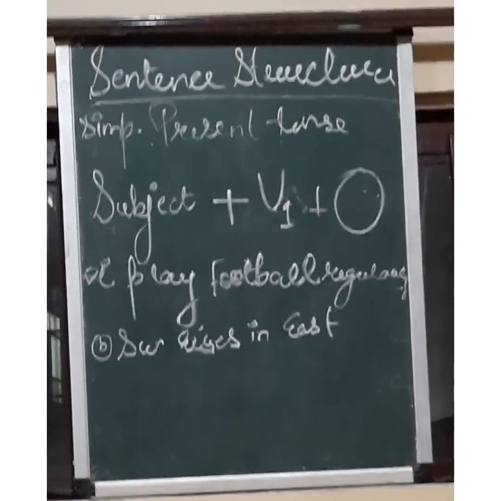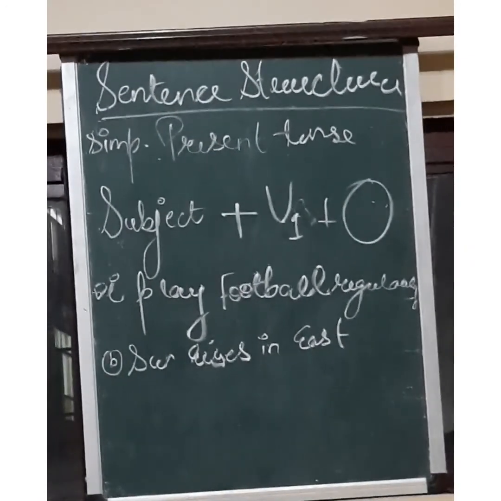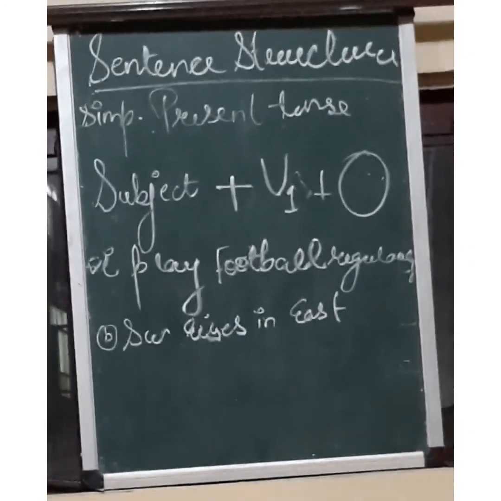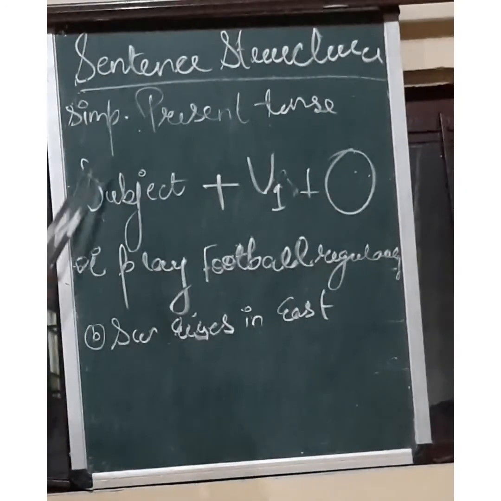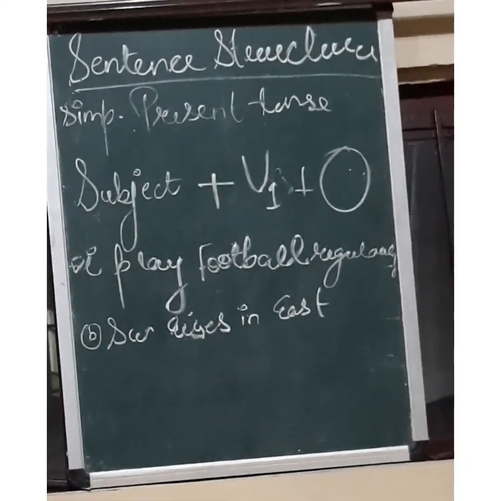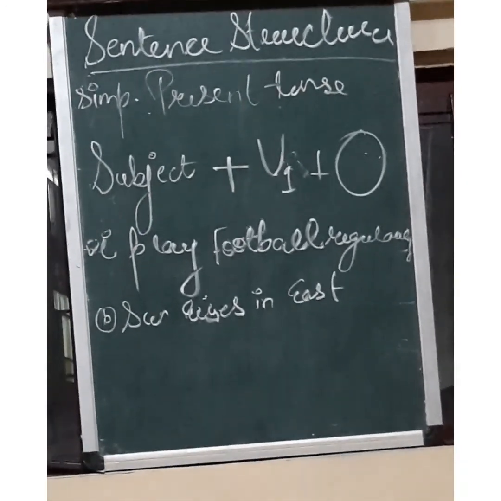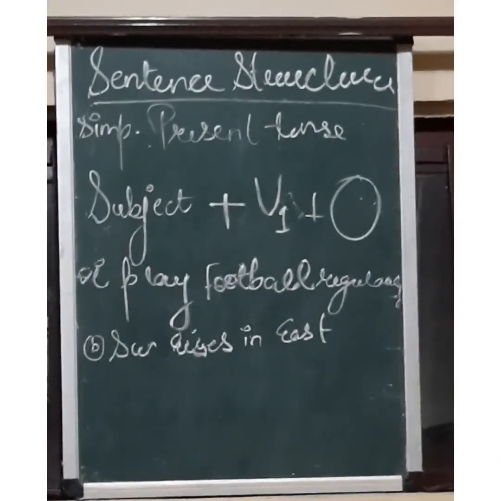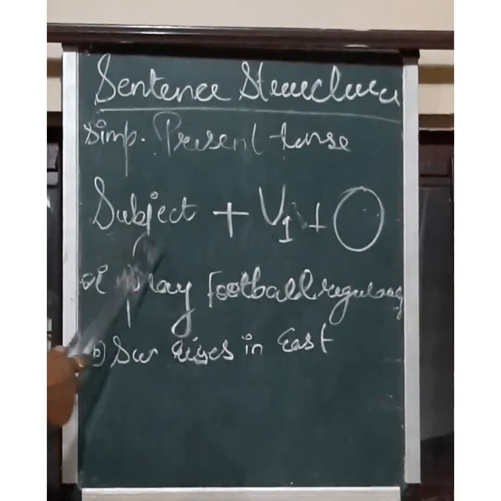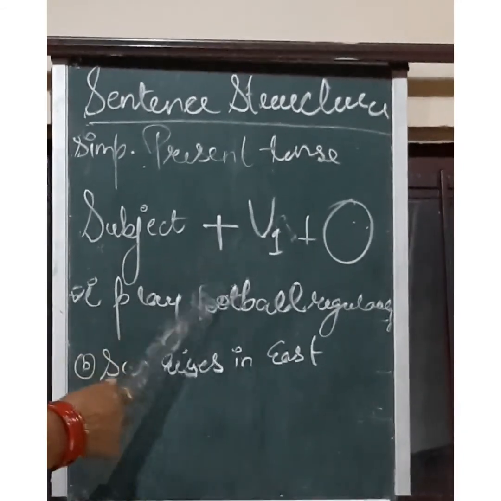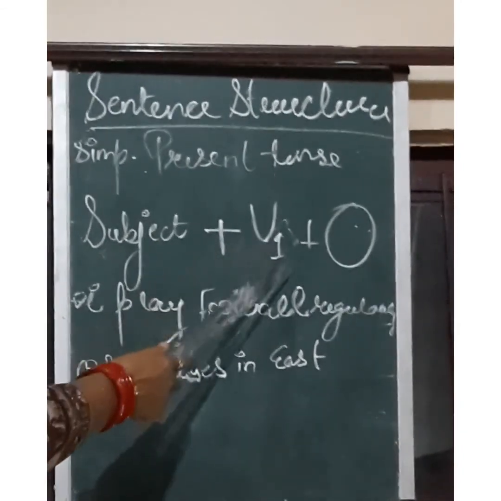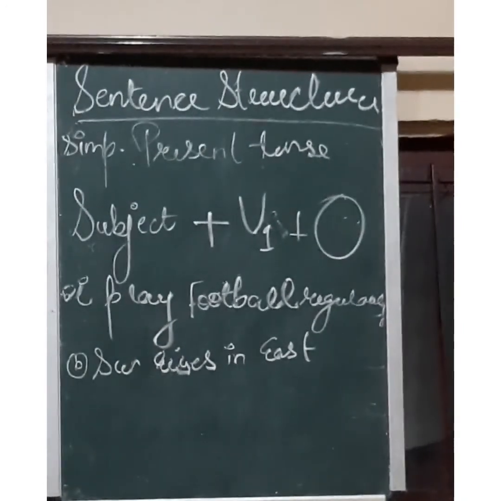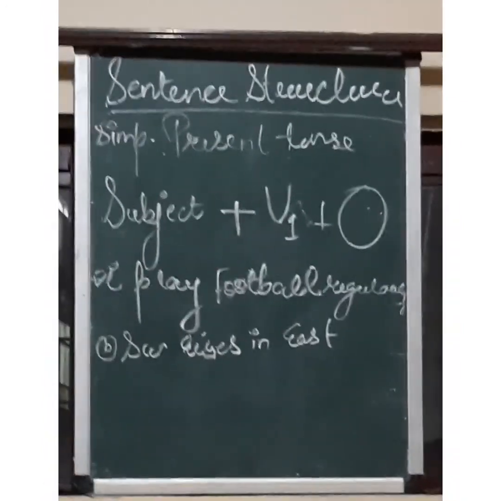So now let's talk about simple present tense, the sentence structure we will be discussing over here. Simple present tense refers to any action that occurs on regular basis or any fact that stands true all the times. So if you just look at the sentence structure of the simple present tense, that is subject plus verb 1 plus object, is clearly mentioned over here.